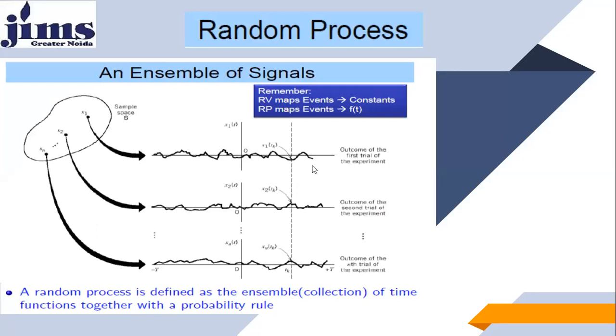So one thing is clear: the temperature at 10 a.m. on Monday is different from the temperature at 10 a.m. on Tuesday, and the temperature at 10 a.m. on Wednesday. So as far as the ensemble is concerned, ensemble is the collection that you have when you fix your time.